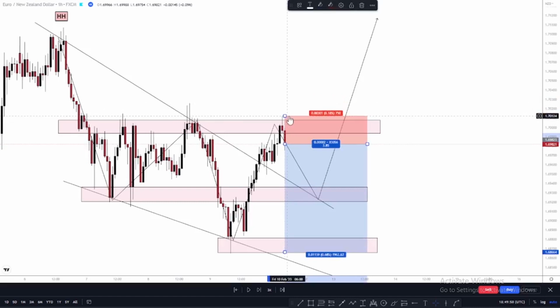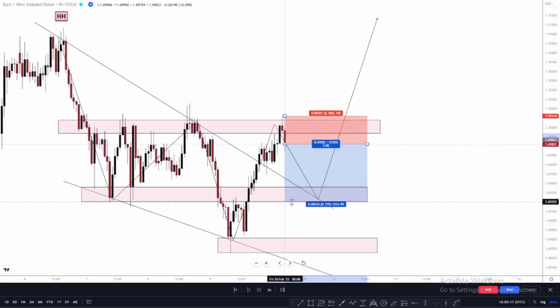I placed my stop loss right above the wick of our shooting star, our inverse hammer. And my first take profit at our left shoulder level.